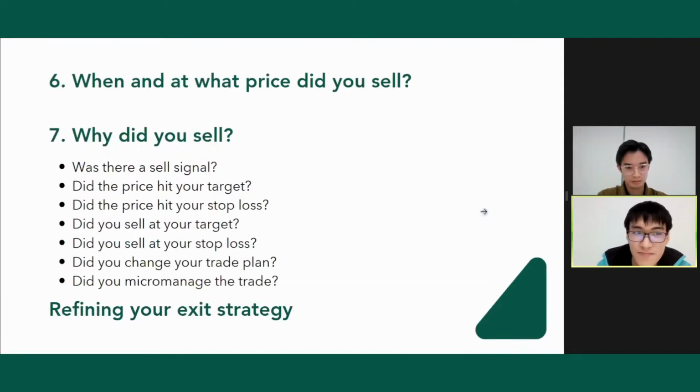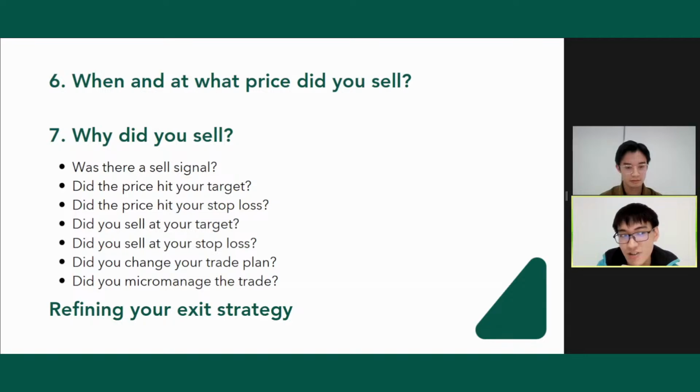So next, when and at what price did you sell? In the previous slides, we were talking about why did you buy, what price did you buy, how many did you buy. Here, we're on the selling side. So now, when and at what price did you sell? And most importantly, why did you sell? Was there a sell signal?